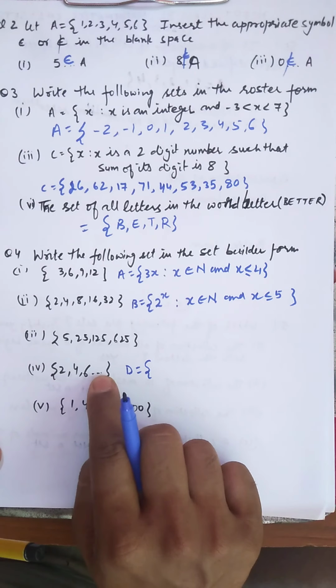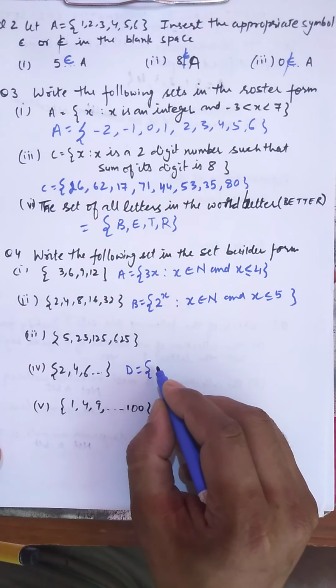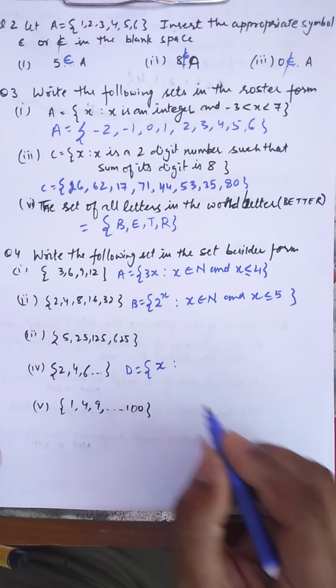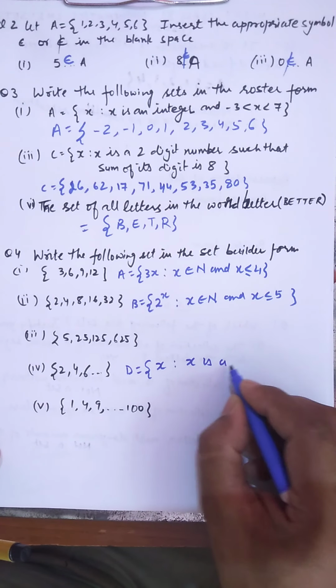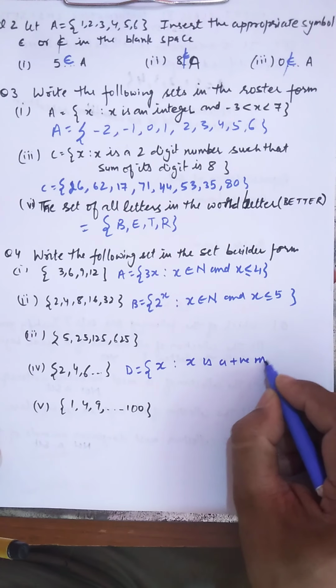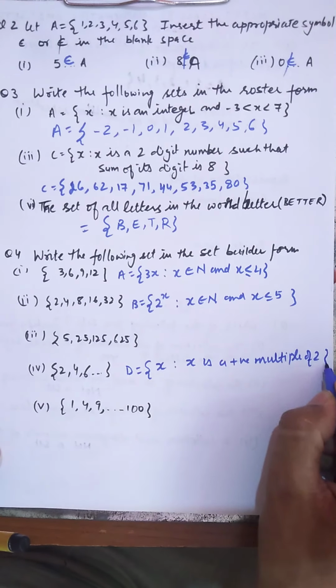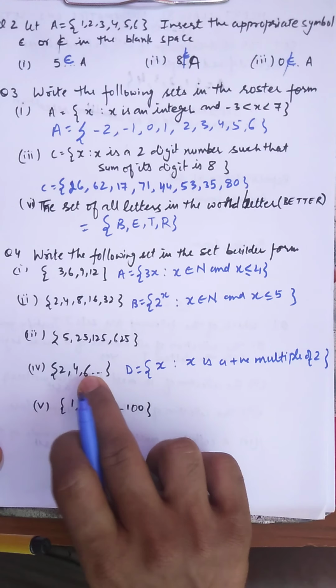Means there are infinite number of elements in this set. So we can write this as x, where x is a positive multiple of 2. So this way you'll get the same list here also.